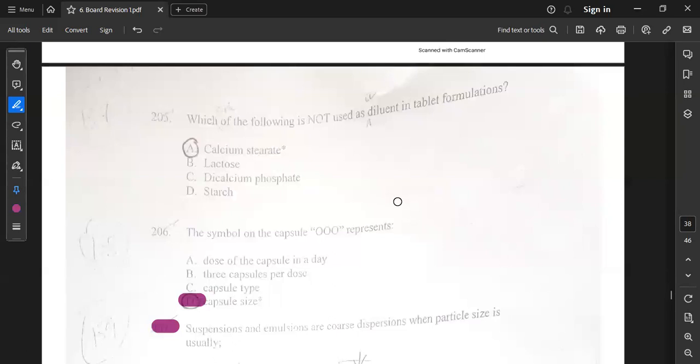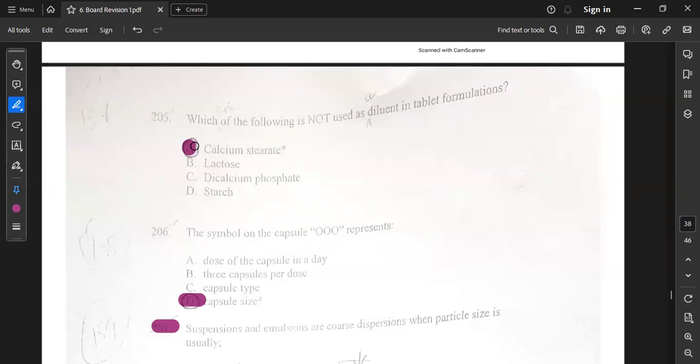Okay, so 205, I think it is calcium stearate. We've seen the picture that was sent today or yesterday, where we discussed the different types. I don't know about calcium stearate, but I know magnesium stearate is usually used as a glidant and a lubricant. So I guess we can go with that.